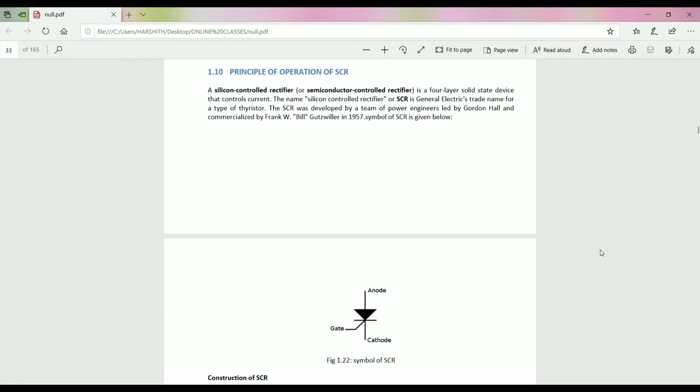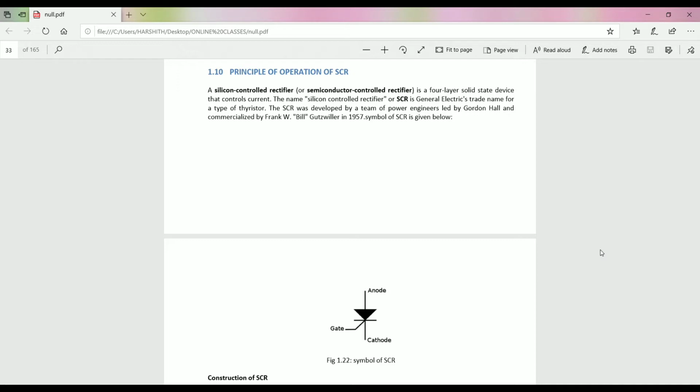Good morning everyone. In the last classes we discussed the second unit, that is special semiconductor devices such as Zener diode, breakdown mechanisms and its applications, varactor diode, photodiode and tunnel diode.